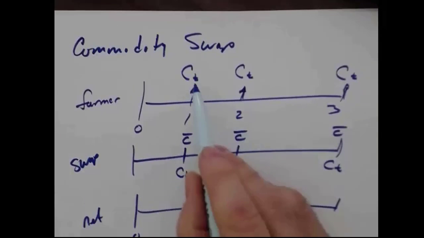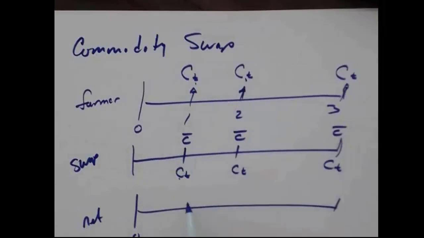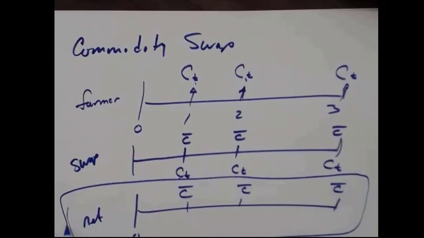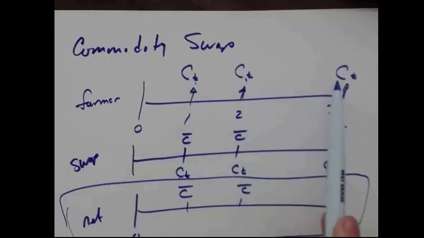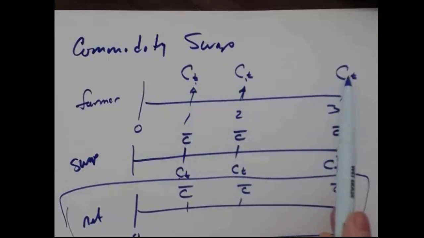The net effect is CTs cancel out, and the farmer now gets a fixed rate. And that's it. The farmer has swapped out this risky variable corn per bushel price and is getting a fixed price for corn.